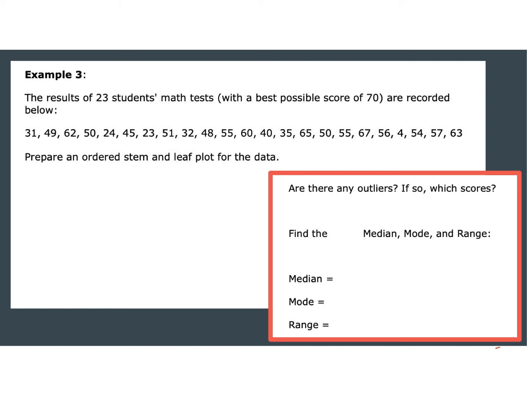I will look for my smallest data value, 4, and cross it off.